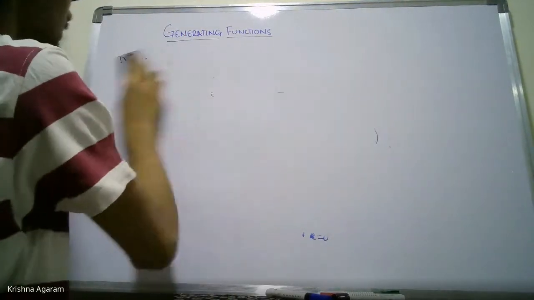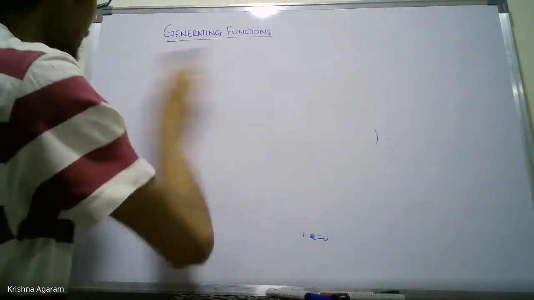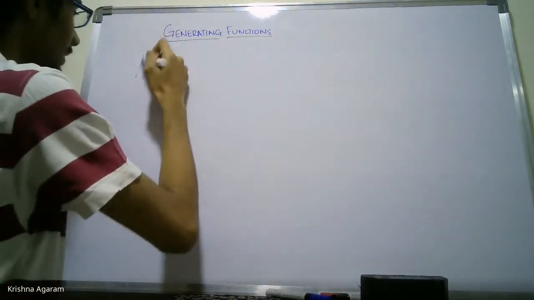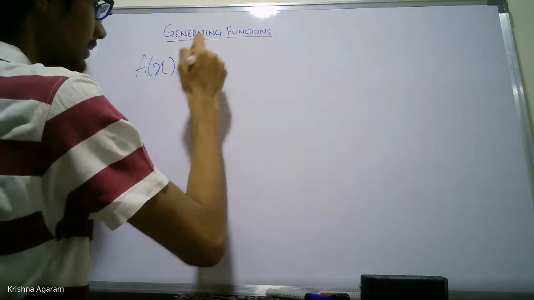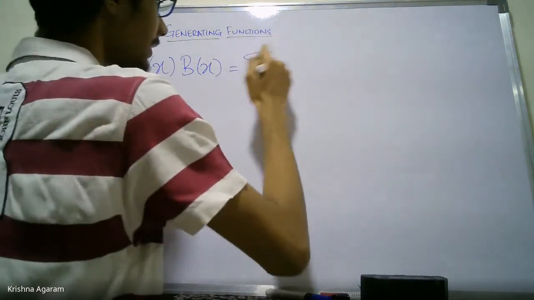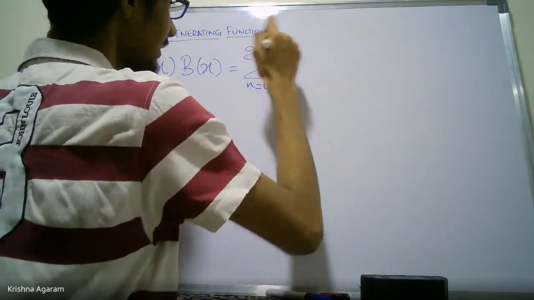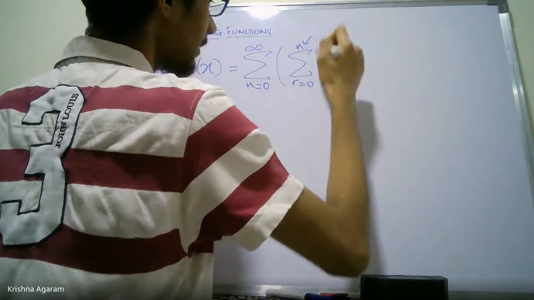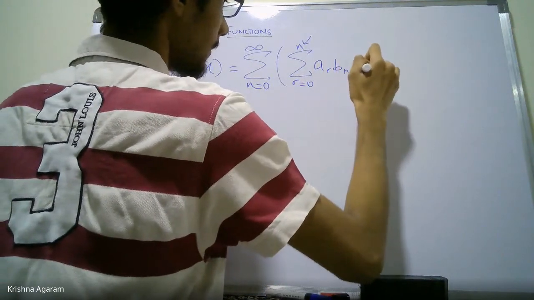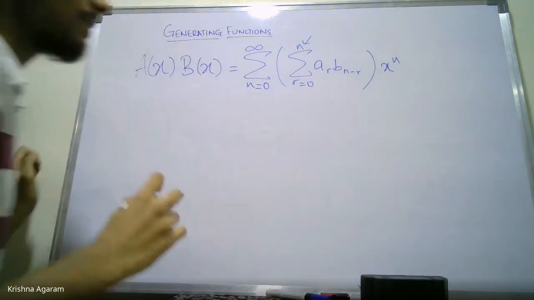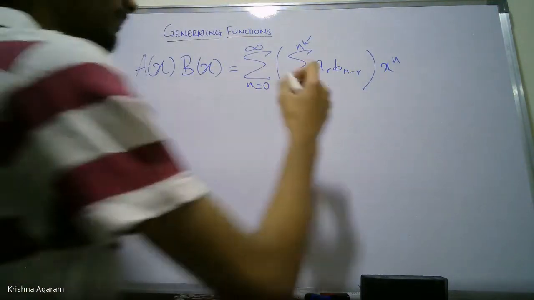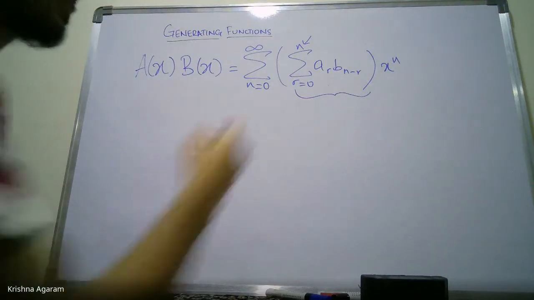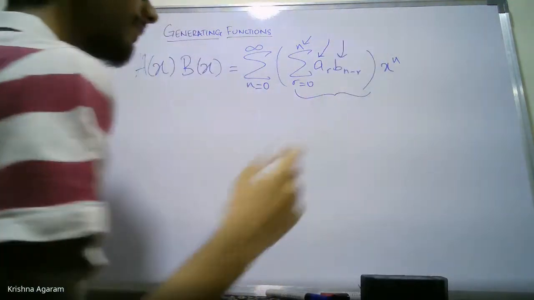So basically this multiplication rule is where generating functions derive a lot of power. Multiplying polynomials is really easy, and the coefficients are given by this expression. This is a finite sum. The way this is very useful is that this might be a sum you're looking for, and you know the individual terms very well.